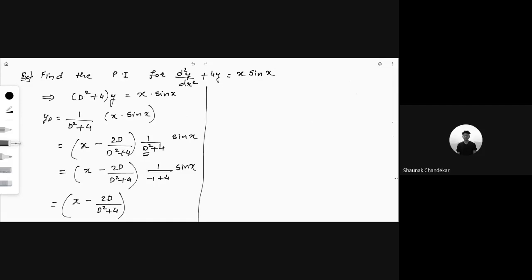Yes, sir. So minus 1 plus 4 will be 3, so 1 by 3 sine x. This 1 by 3 being constant, I can bring it outside. I can open the bracket and I will have x sine x minus 2d upon d square plus 4 sine x.